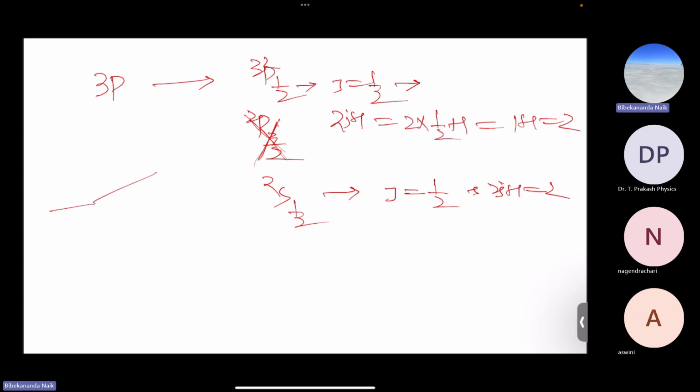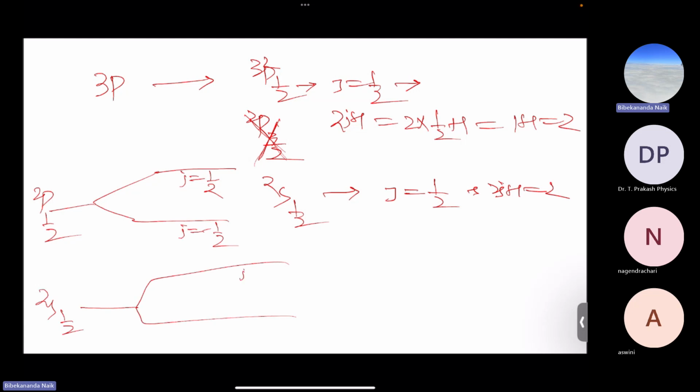Now this is 2P half: J equals half, J equals minus half. And 2S half: J equals half, J equals minus half. Now the transition rule is delta J equals 0, plus or minus 1, where 0 to 0 is not allowed.